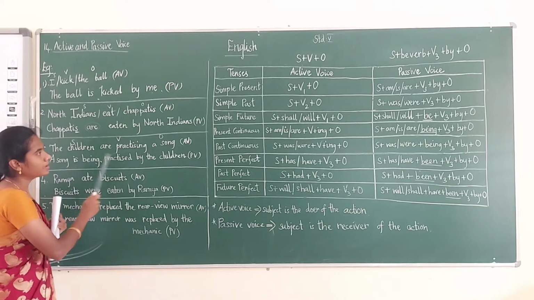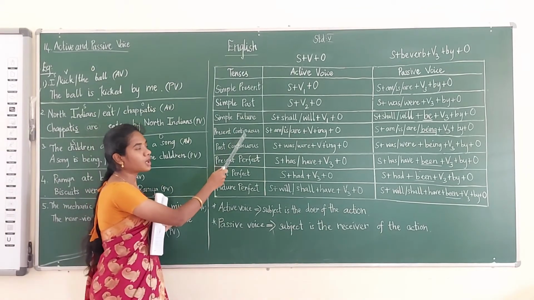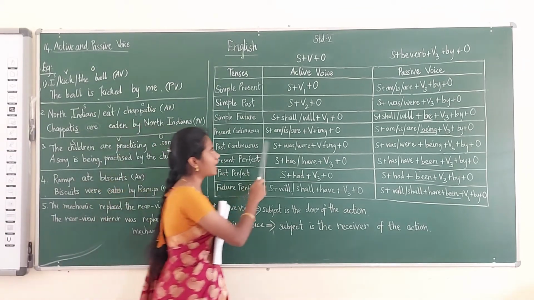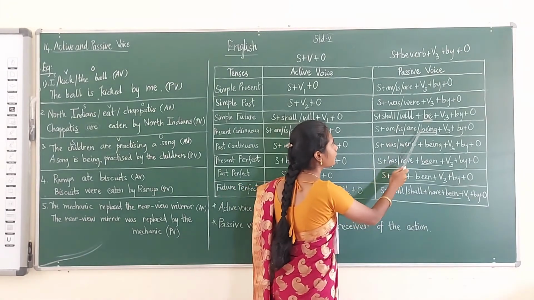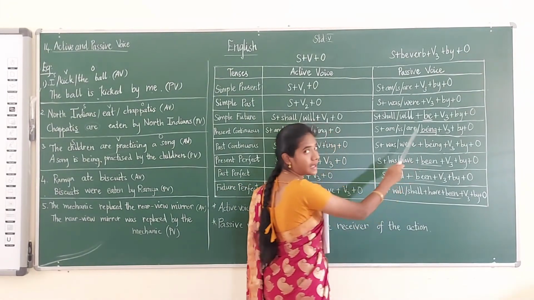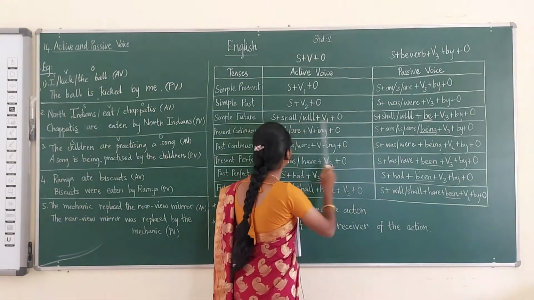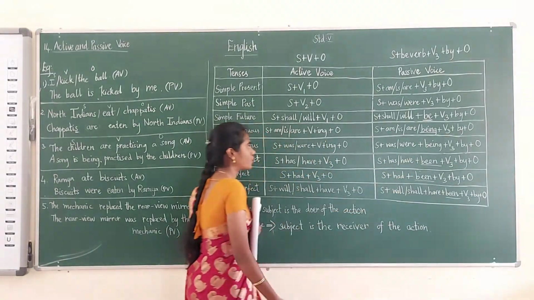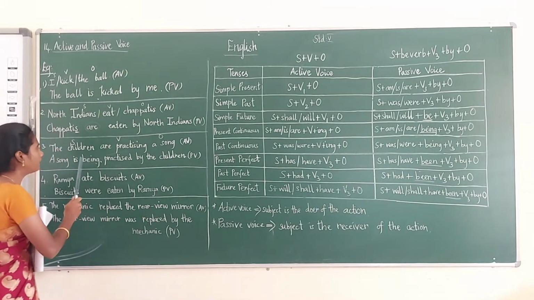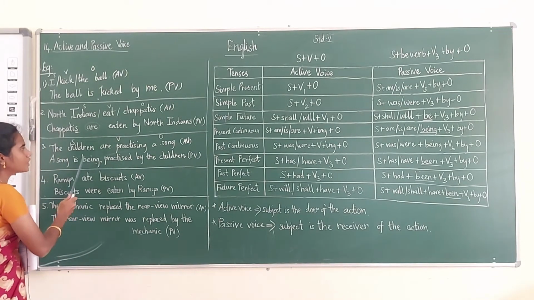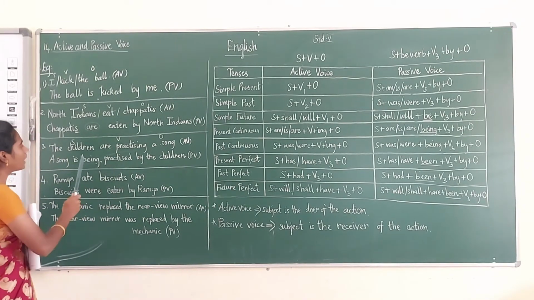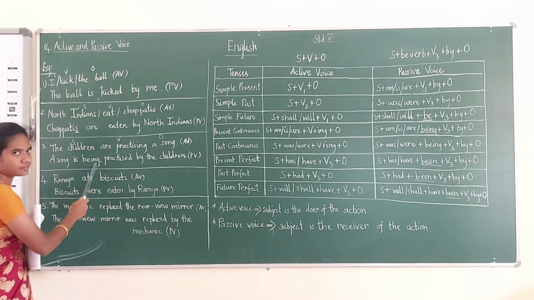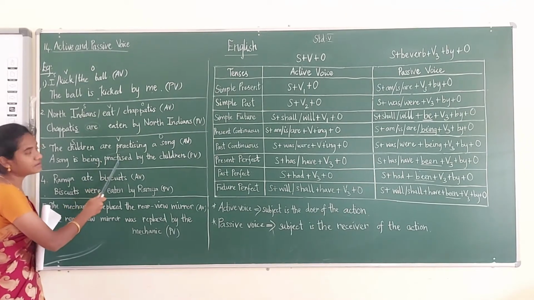Okay, so after that, for the continuous, we have to include being after the be verb. I have told you, for the continuous you have to include being. So I have included being after the be verb, since it is present continuous.